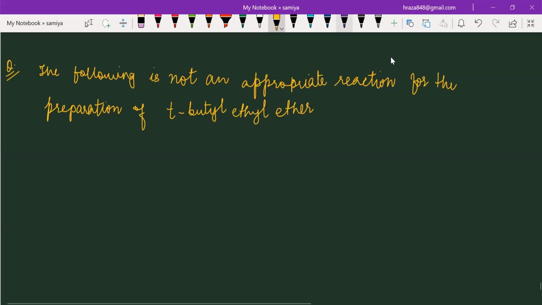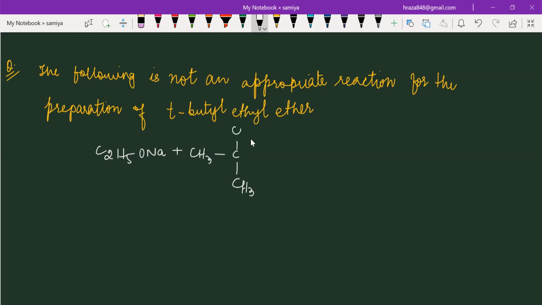The reaction is basically given with C2H5ONa. Whatever I just taught you, it is based upon that. And this is CH3, and this is CH3. And the reaction is given as CH3, this is C, and then O, C2H5. This is CH3, and then CH.